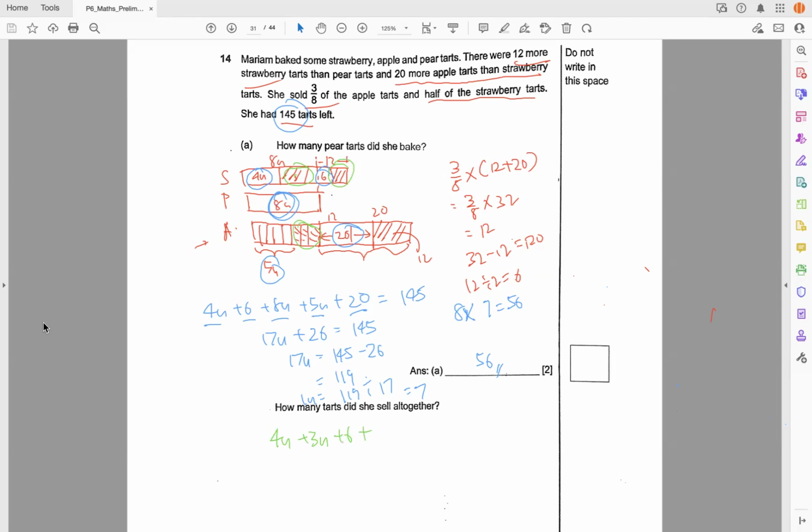Plus 12 here. So this is what has been sold. So 7 units plus 12. 7 units is 7 multiplied by 7, 49. So it's 49 plus 12. No, 12 plus 6, right? There's another 6, so 6 plus 6 is 12. 49 plus 12 plus 6 is equal to 67. So this is the answer.